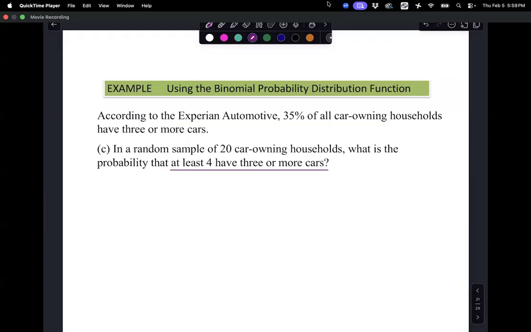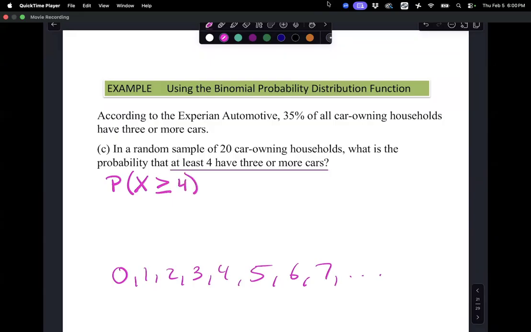So we're looking for at least. I'm not going to put all of the numbers from 1 through 20, but I'm going to do a few. So 0, 1, 2, 3, 4, 5, 6, 7, and so on. So we're looking for the probability that our variable is greater than or equal to 4. At least is the same thing as greater than or equal to.